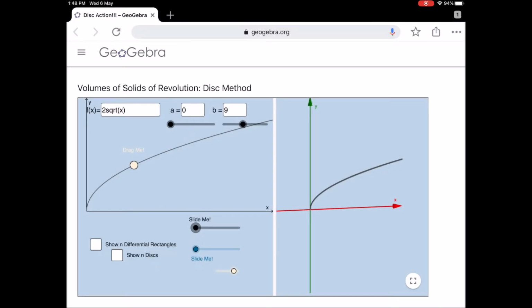We are going to show how to find volumes by integration. But first, we have a revision on finding the area by integration. First, you want to find the area under the curve with the x-axis, and then you draw rectangles, many rectangles like this.